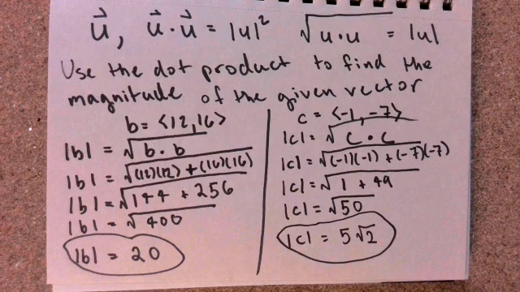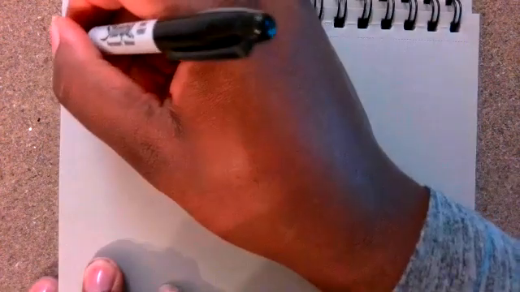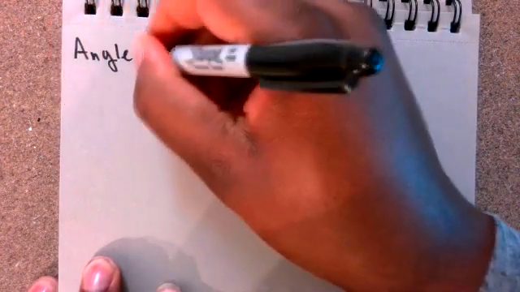All right, another useful thing that the dot product has for us is that it can help us figure out the angle between two vectors.